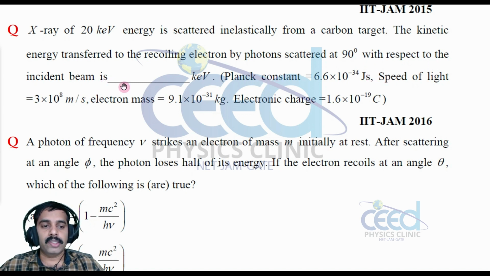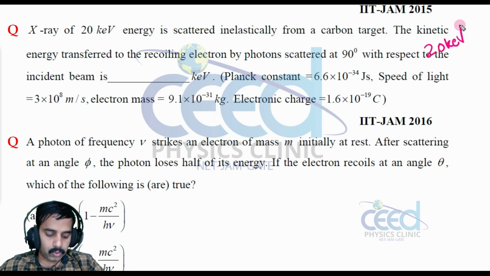Planck constant, speed of light, mass of electron and electronic charge are given. In this problem the incident energy is 20 keV, and we need to find the recoil energy, the kinetic energy transferred to the recoiling electron.